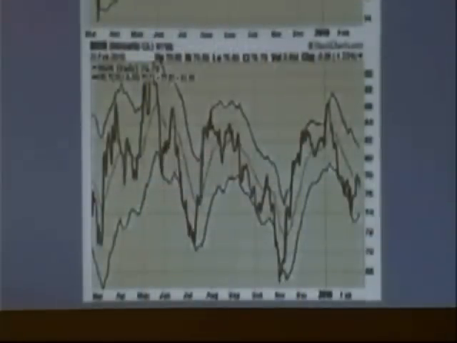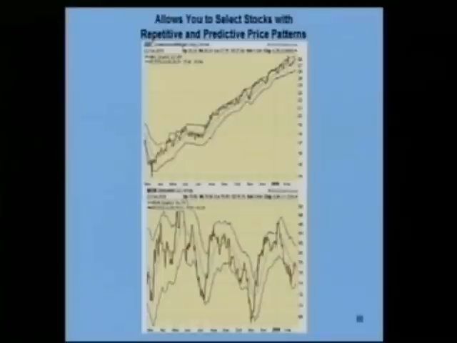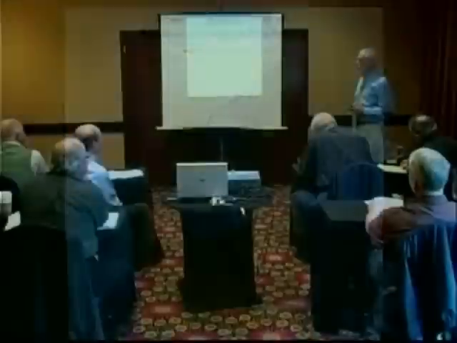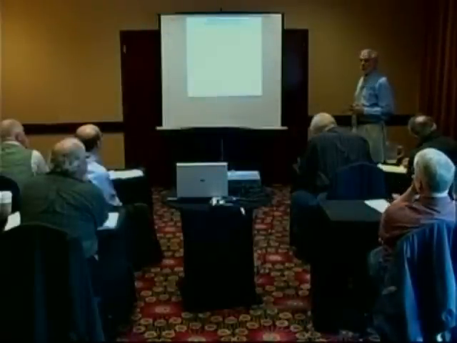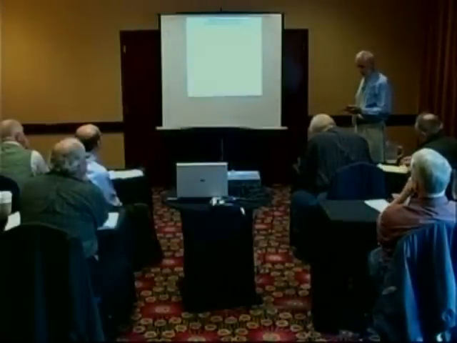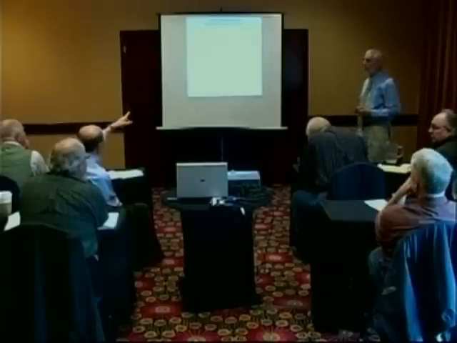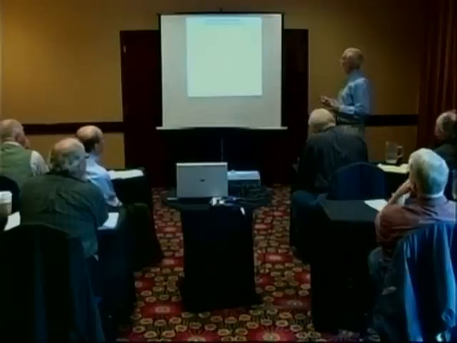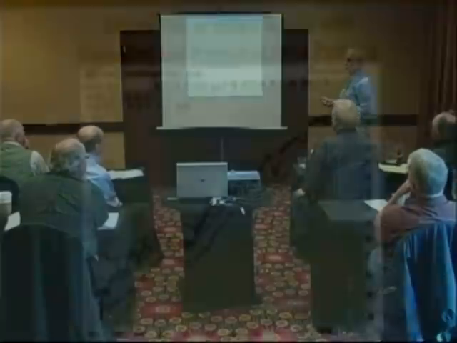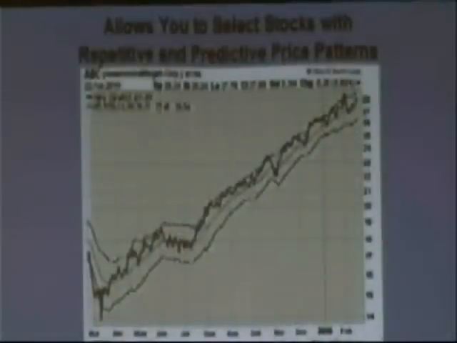So the Keltner channels are real good in, again, further narrowing down your list of stocks to look at if they're in a fairly predictable price pattern. So it's helpful in that sense also. What stock is the top one? Top one is Amerisource. That's healthcare.